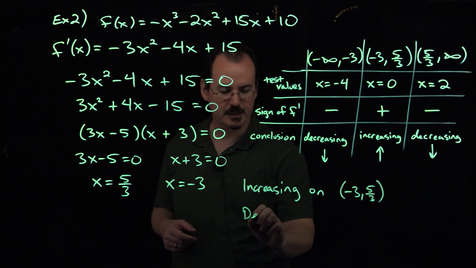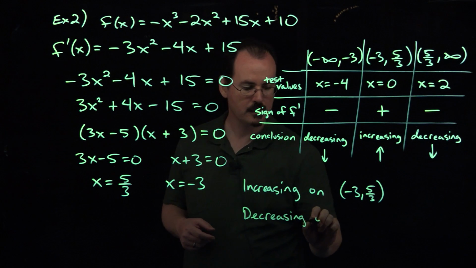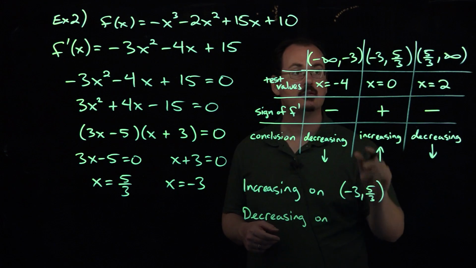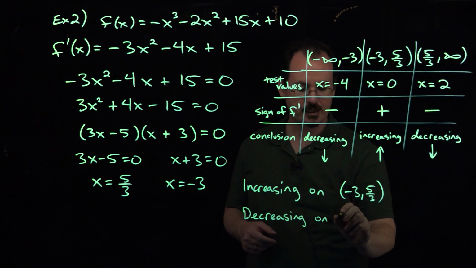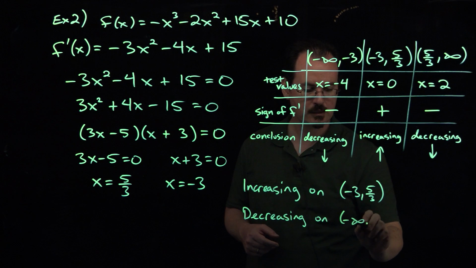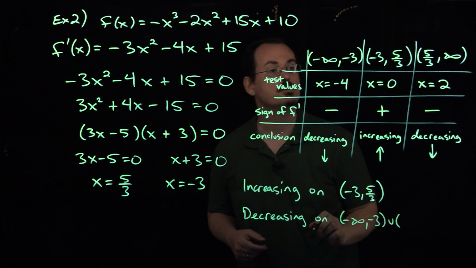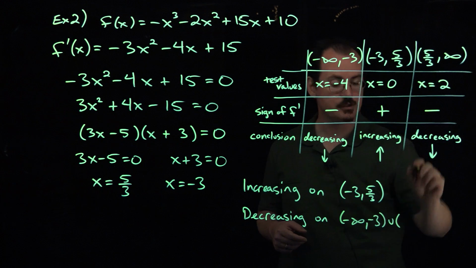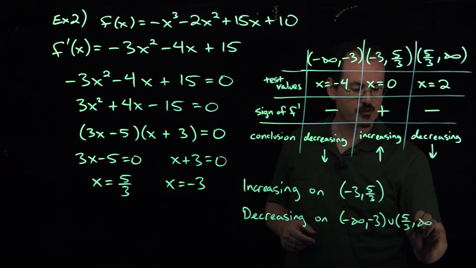And it's decreasing on the rest of these two intervals here. So decreasing from -infinity up to -3, and then we put that union to say that we're joining that with another part of the interval here, so that's 5/3 up to infinity.